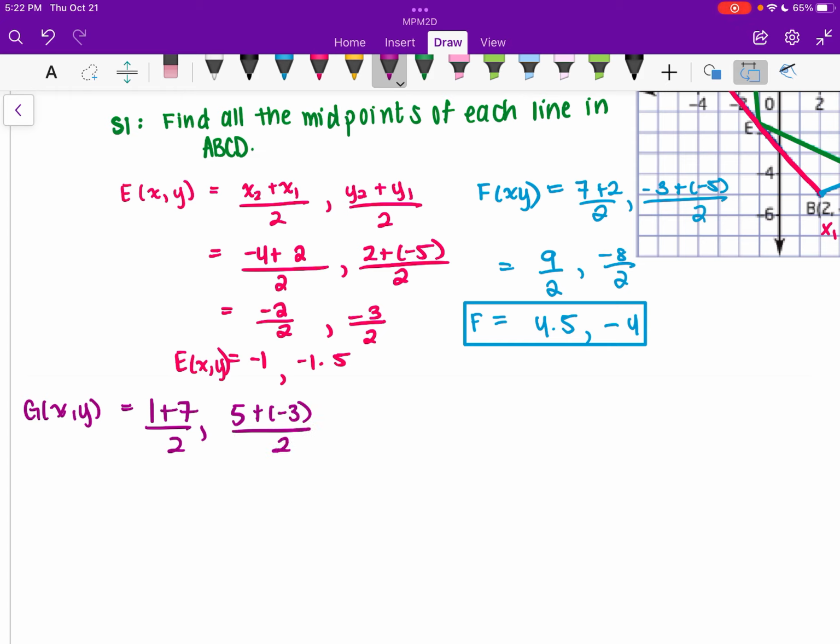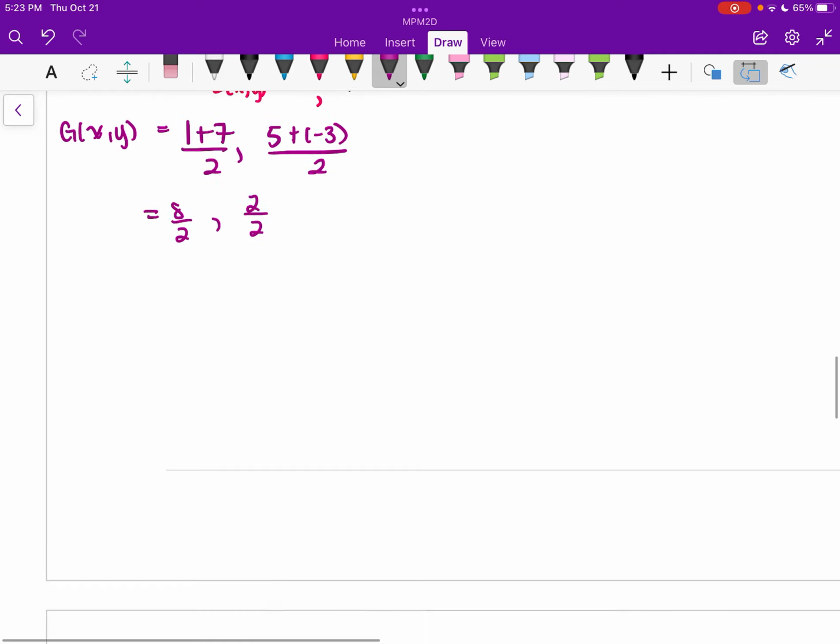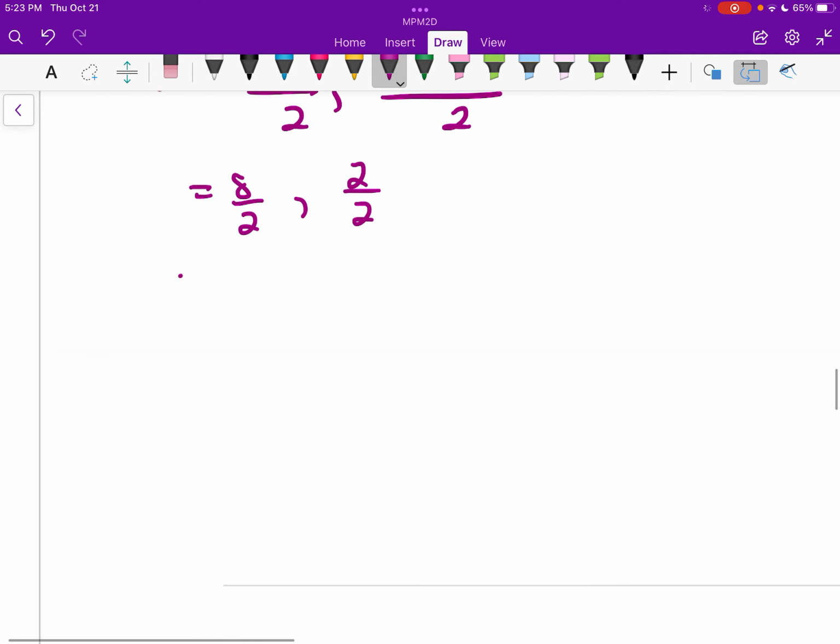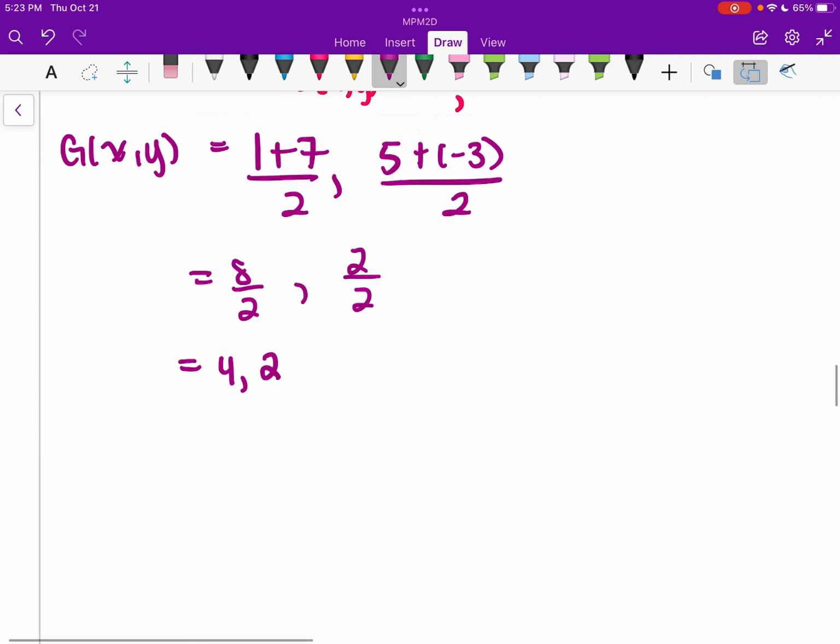So then I'm left with the 1 plus 7 is going to give me 8 divided by 2. 5 plus negative 3 is going to give me 2 as well, divided by 2. So I'm just going to reduce this. 8 divided by 2 is just 4 and 2. So that's point G.